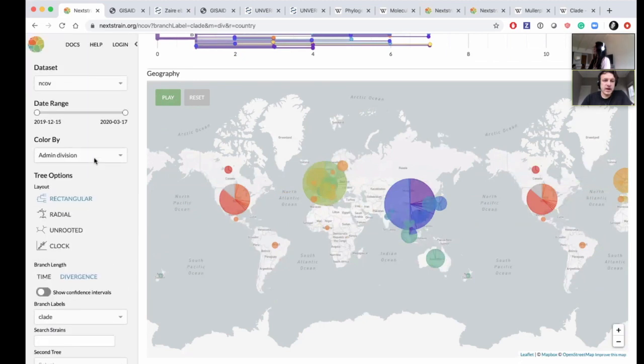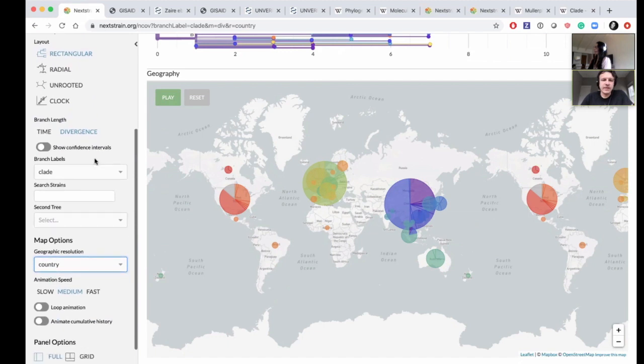If we color by administrative division, this would allow us to answer questions like, what percentage of the U.S. cases are Washington? This is not the best interface to get that kind of information. It's not as dashboardy and specific as that. You can't hover over it and see that information, but you can get a snapshot look.